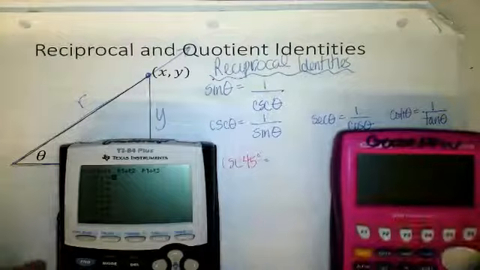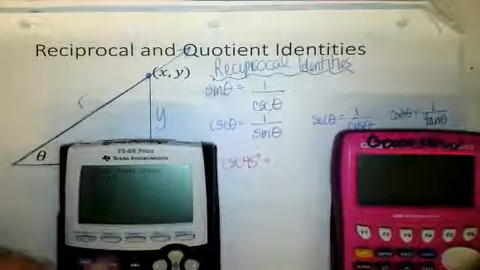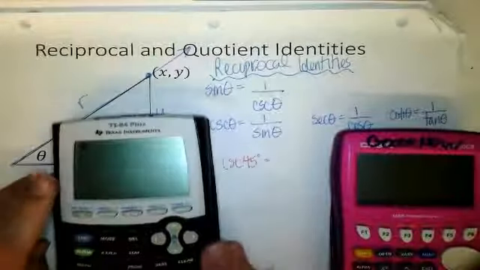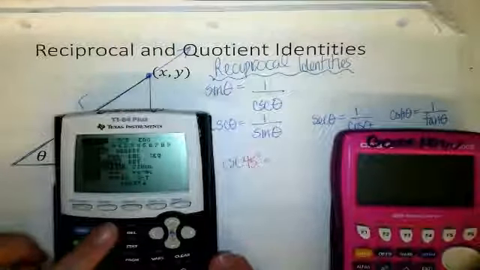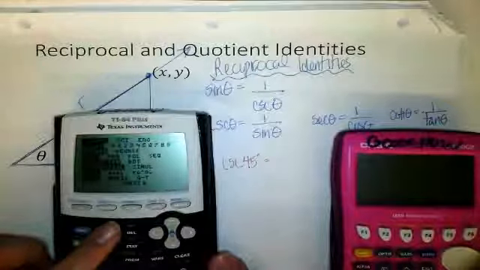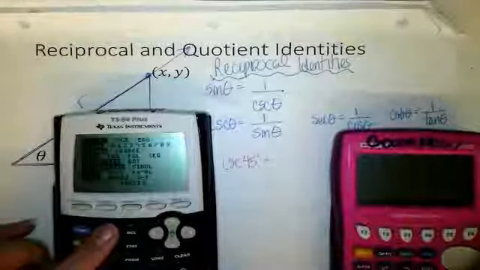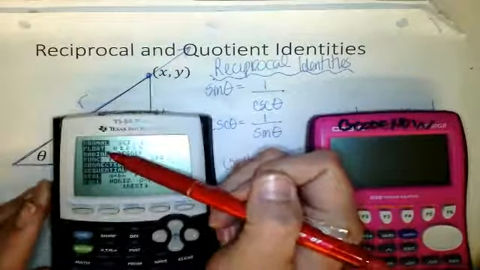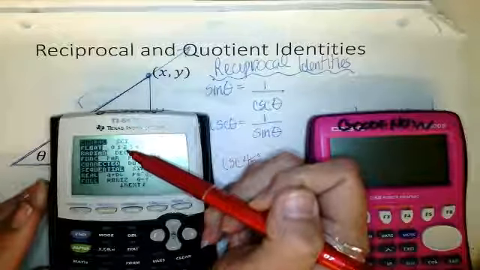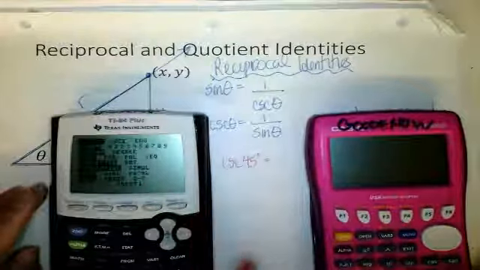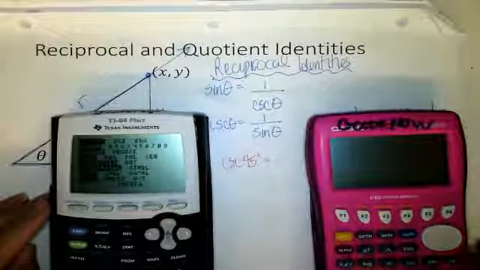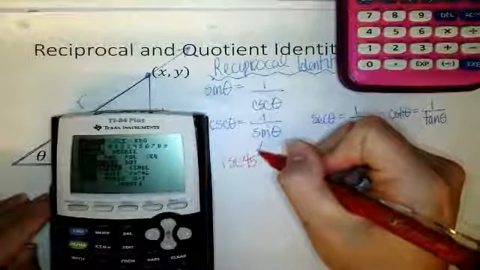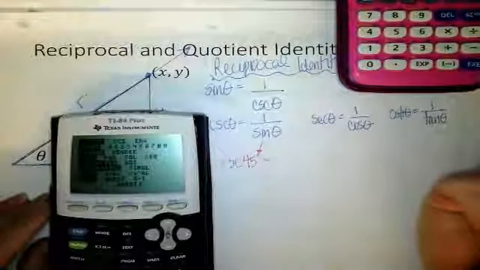So first of all, you TI people, go to mode on your calculator, and you can see that we have radians versus degrees. What mode do we need to be in? Degrees. Why? Because it's a degree symbol.